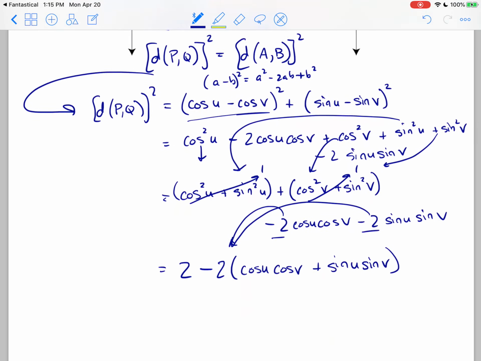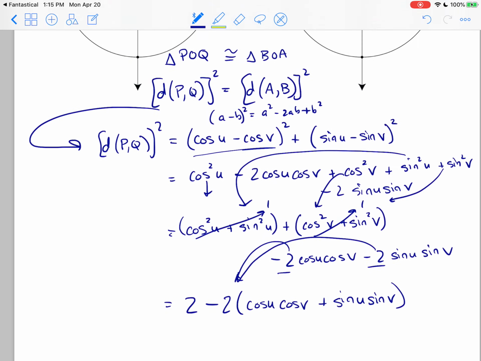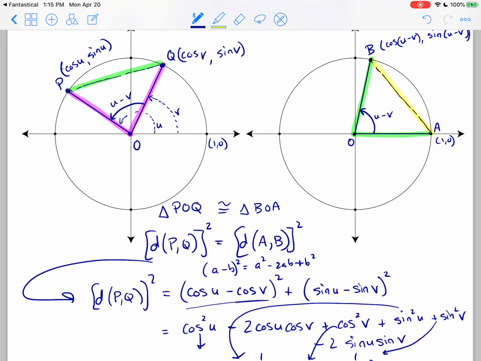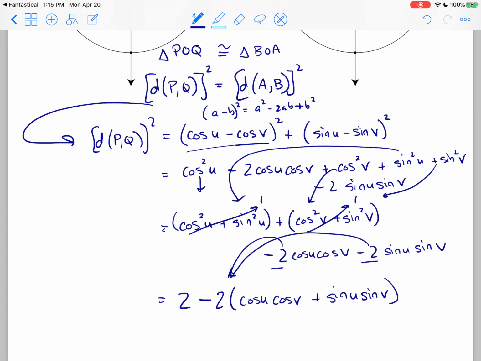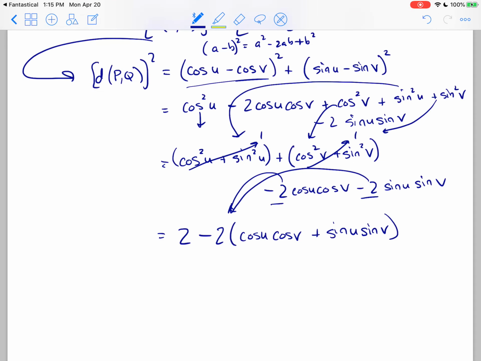So now I'm going to do the same thing with the right side of the equation. I'm going to find the distance between A and B. This one's a little bit easier to do because one of the points has a 0 in it.